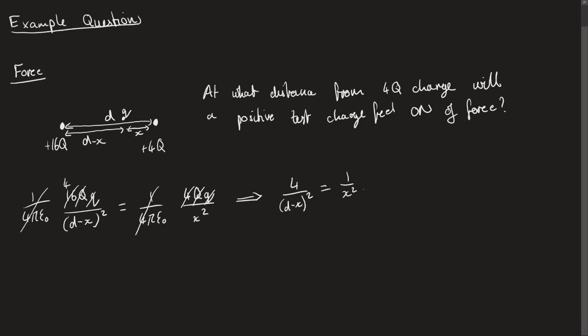And now we solve for x, and you'll notice we've got to the exact same expression that we got to in the gravitational force video. I then square root both sides, so 2 over d minus x is equal to 1 over x, and therefore 2x is equal to d minus x.